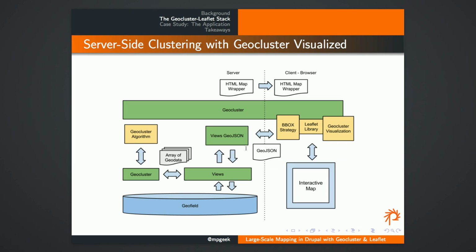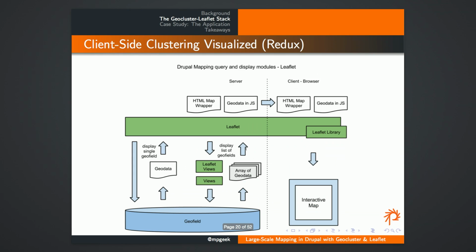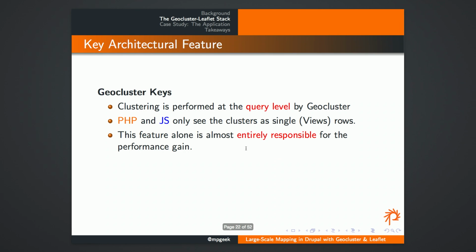So the idea is that we're doing this clustering at the query level. And the information that is required to do the clustering is created when the nodes are updated or saved. So the actual operation of clustering is very compute non-intensive because it's just querying a spatial index as opposed to doing geometric functions and measurements and all this stuff.